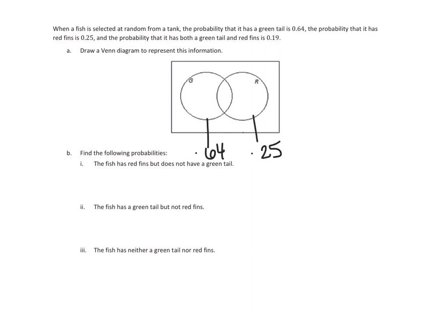And the probability that it has both is 0.19, which is wonderful because we can stick that in right away, 0.19. So you should easily be able to get that piece by saying 0.25 minus 0.19 and 0.64 minus 0.19. So let's see, that leaves me with a 0.06, and this leaves me with a 0.45.